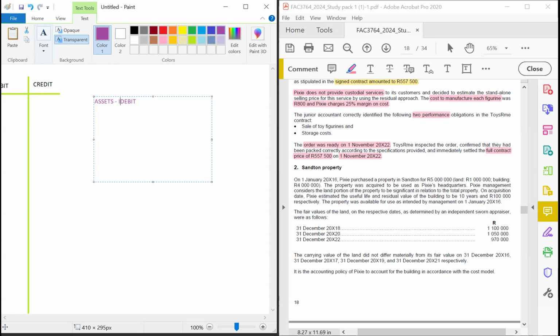Assets increase on the debit side and decrease on the credit side. Liabilities increase on the credit side, and they decrease on the debit side.